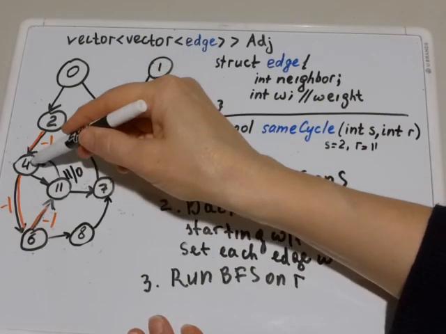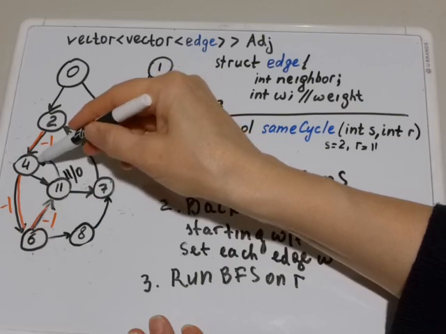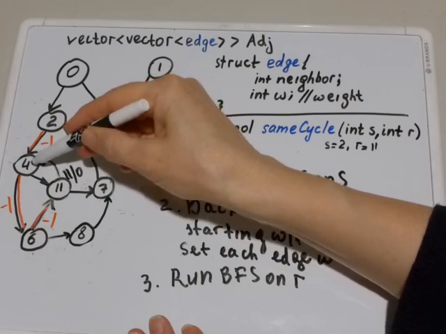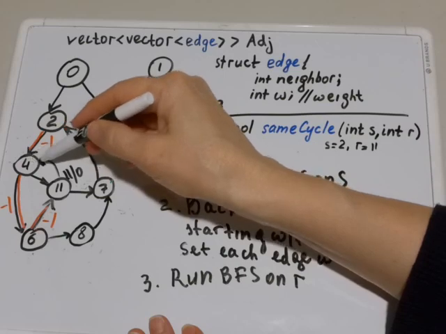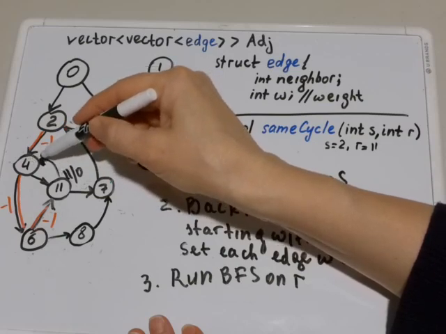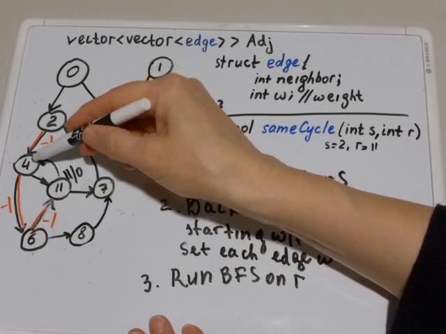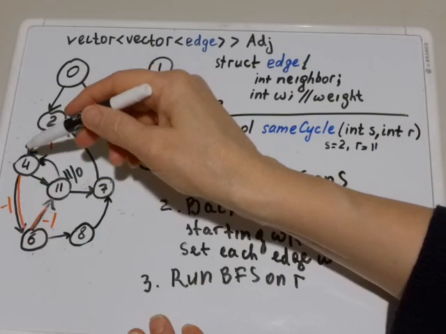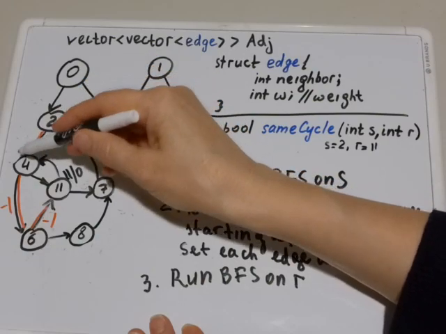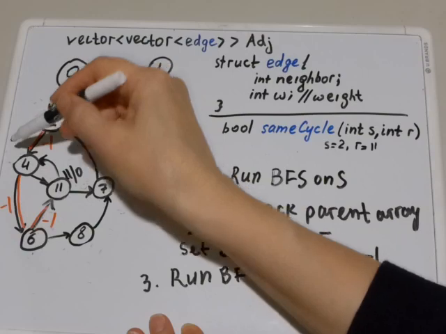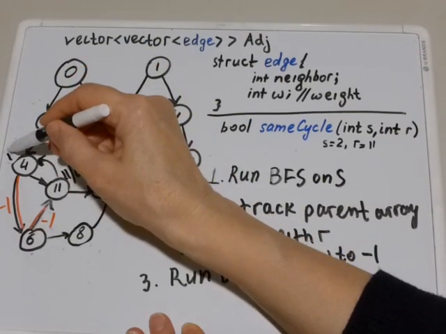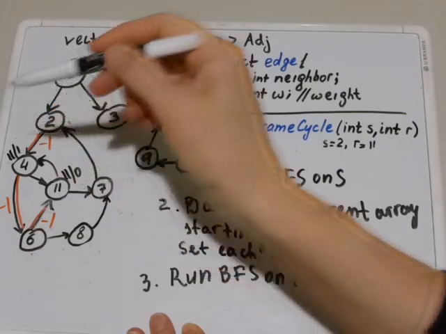Then it looks at 4, and it looks at this edge. The neighbor is 4, distance of 4 is infinity, good. What about this edge? The edge doesn't have weight -1, so it is also good. That means that we can put 4 into the queue in the BFS. So we put 4 into the queue and we set the parent of 4 to 11, distance to 1.